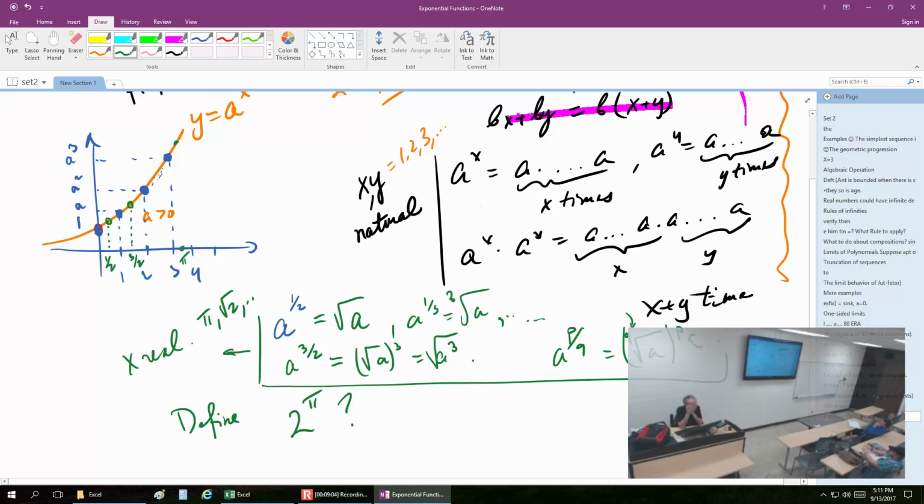We can handle rational exponents. How do we get from rational to irrational? So rational here, and irrational there. But there's no wall between them. In fact, they're spread out like this: rational, irrational. So how does that help?